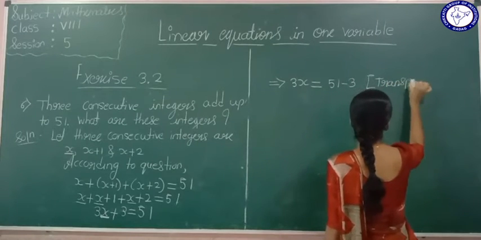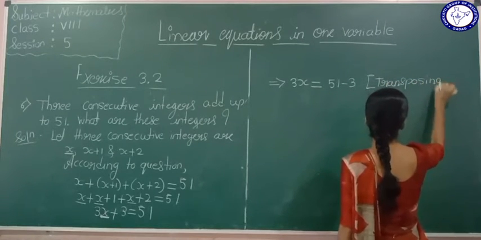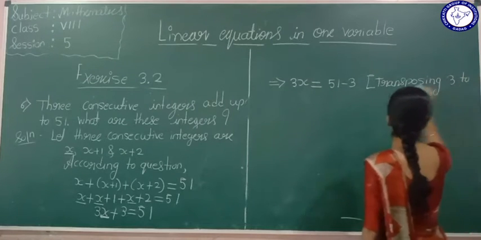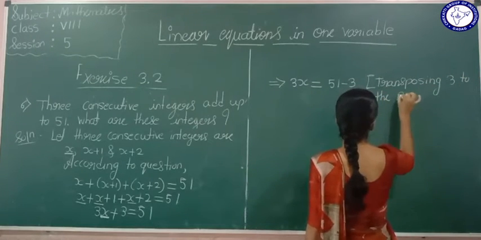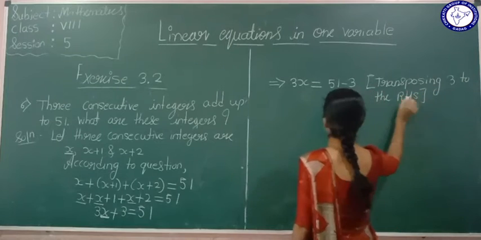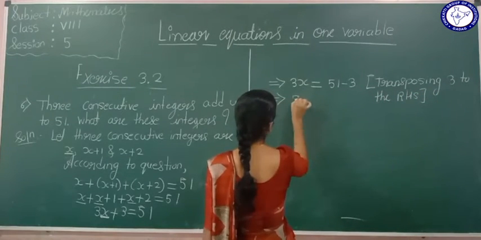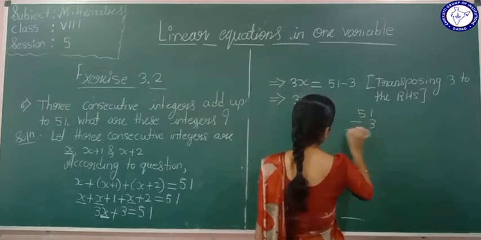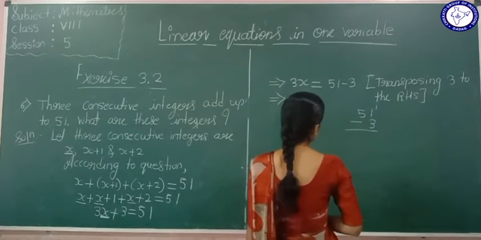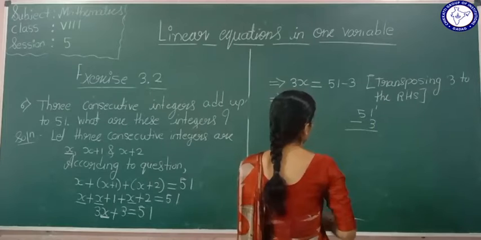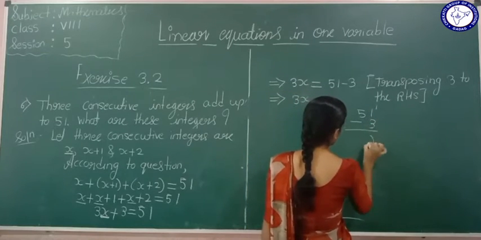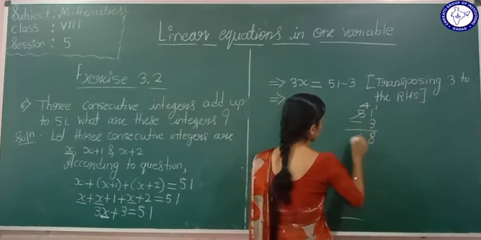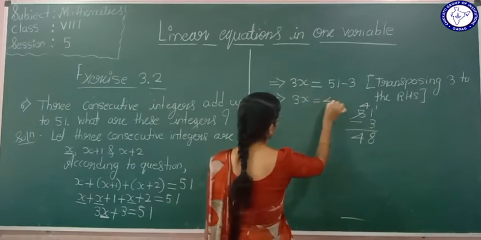Transposing 3 to the RHS. So this implies 3x is equal to, what is 51 minus 3? 11 minus 3 is 8. Okay. Here it will become 4, that is nothing but 48.